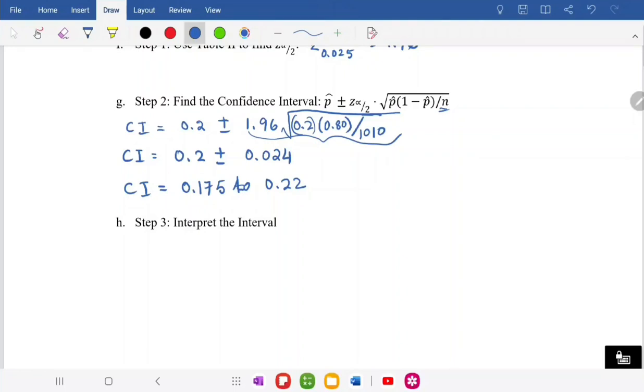So the final step is to interpret the interval. The way you interpret a confidence interval is you start with the percentage confidence level that you used to find the interval.